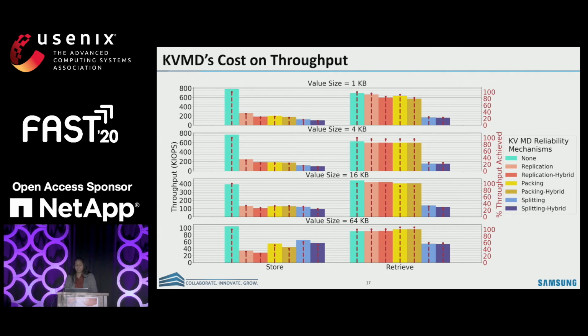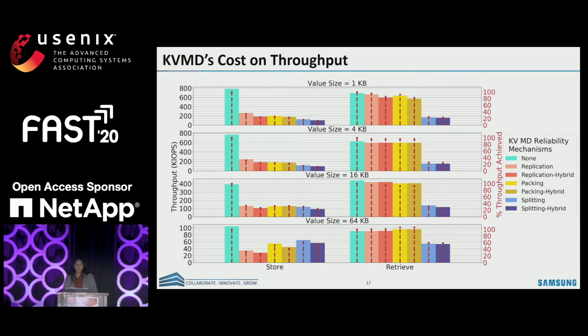But as the value size increases, the small additional metadata writes are not a big impact and don't show up much. It also has similar read characteristics as replication, so packing wins in that area.